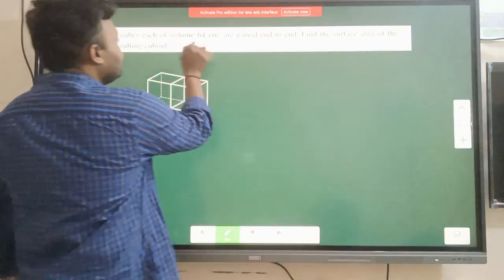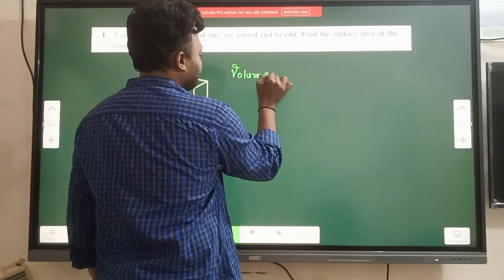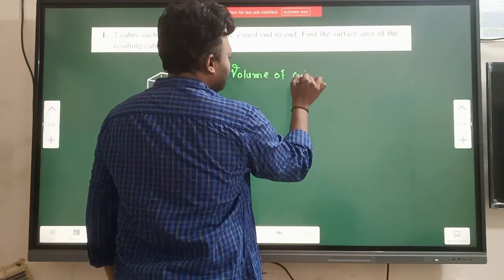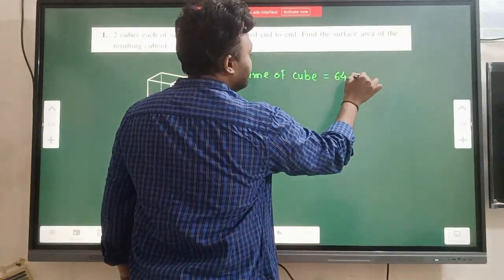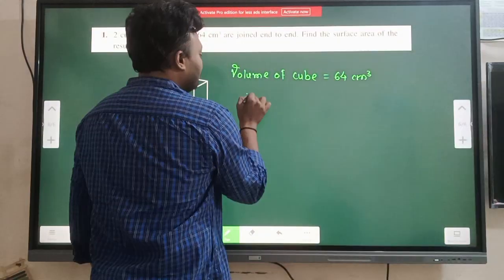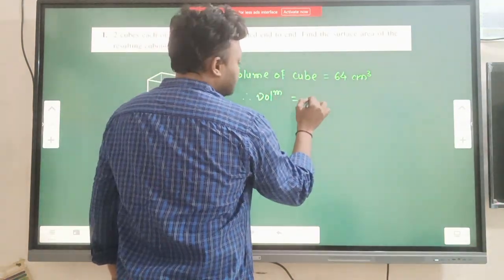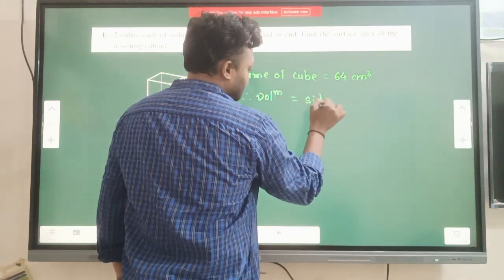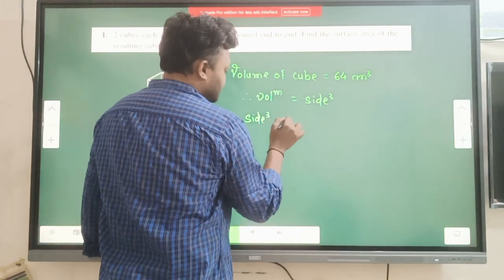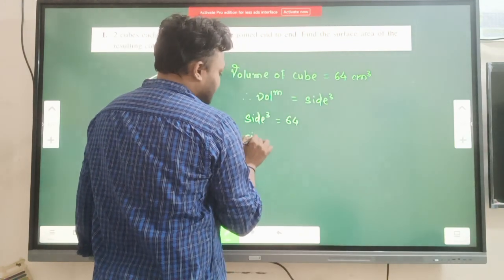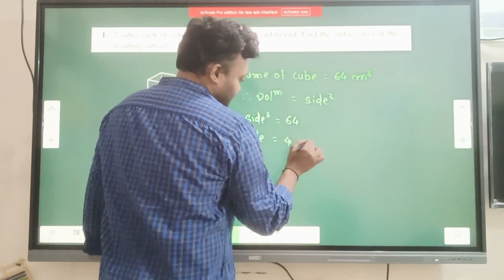Now they have given the volume of the cube. So the volume of the cube is 64 centimeter cube. Therefore, the volume of a cube is nothing but the side cube. Therefore, the side cube will be 64. Therefore, the side of the cube is nothing but 4 centimeters.